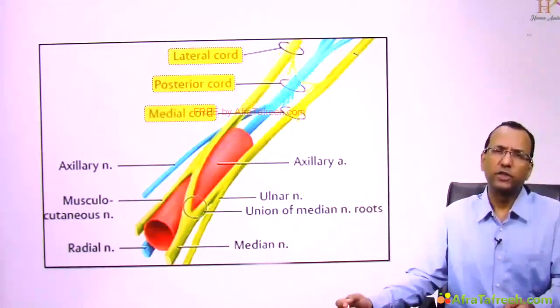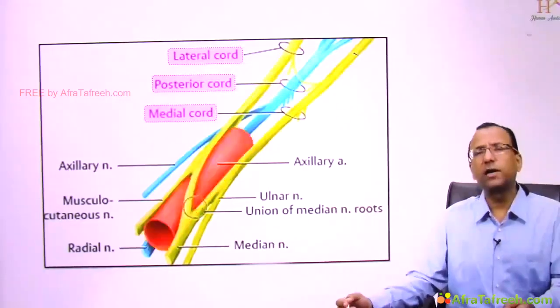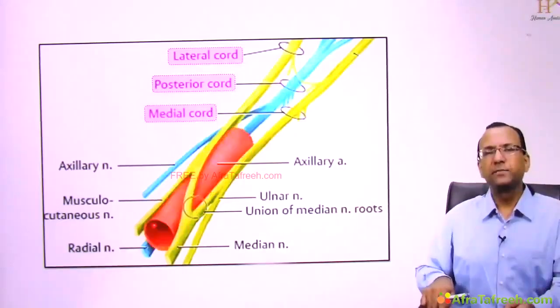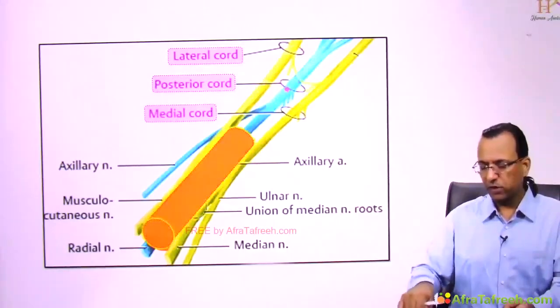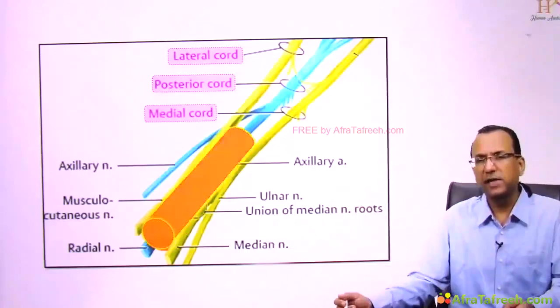These cords are related to the axillary artery in the axilla and are named accordingly. If the cord is lateral, posterior or medial to the axillary artery, that is how it is named.